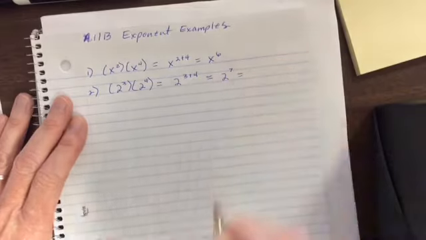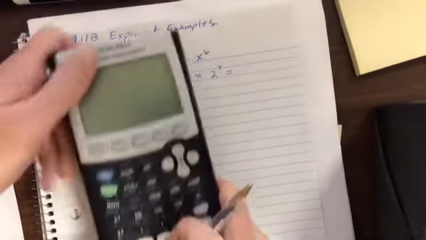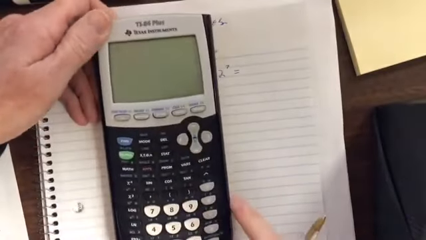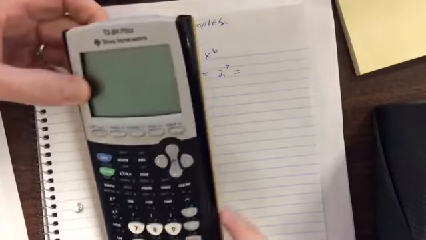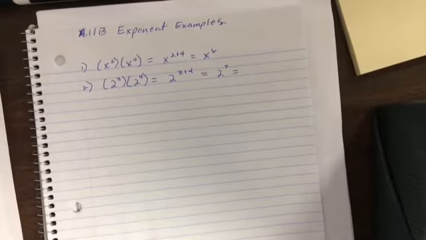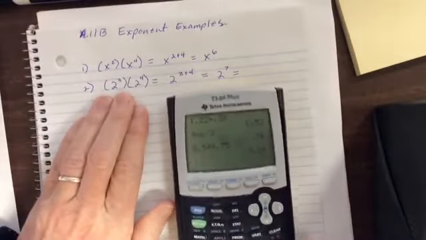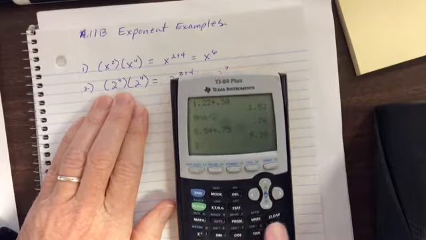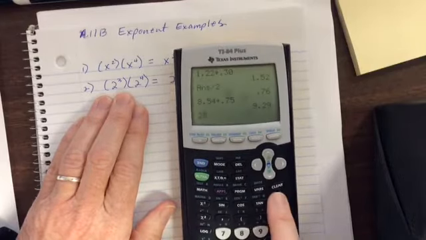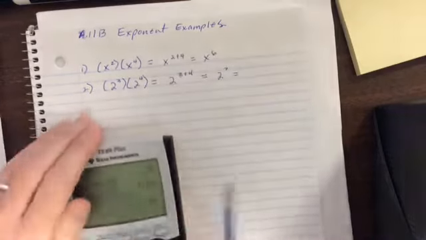In your calculator, because they're going to want to get the total, you're going to turn it on, and you're going to hit 2, the little hat button right here, 7, enter. And we get 128.